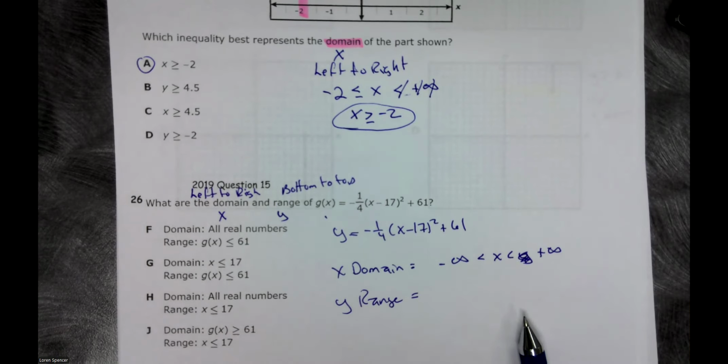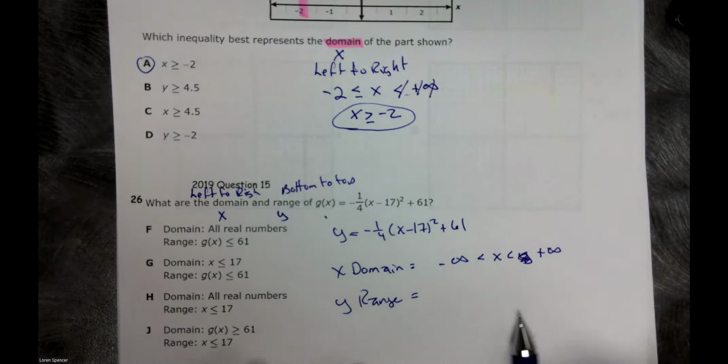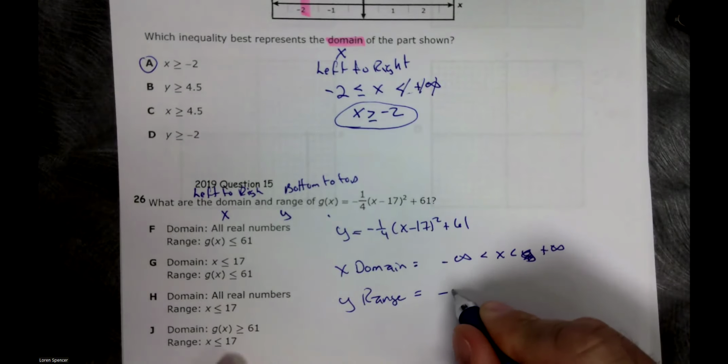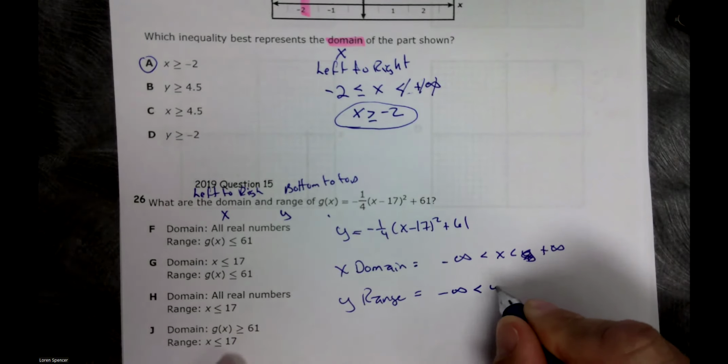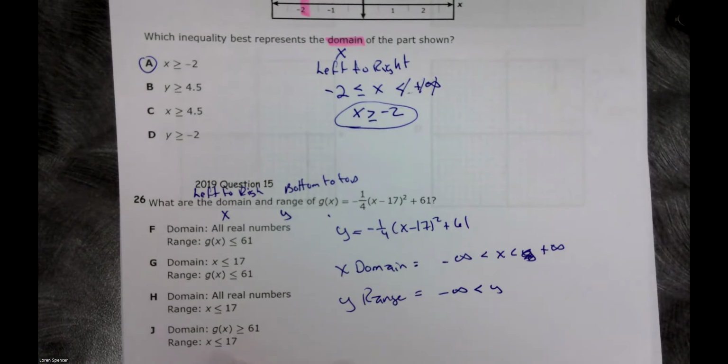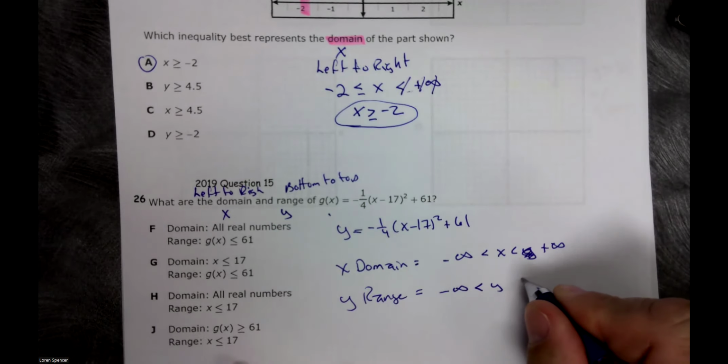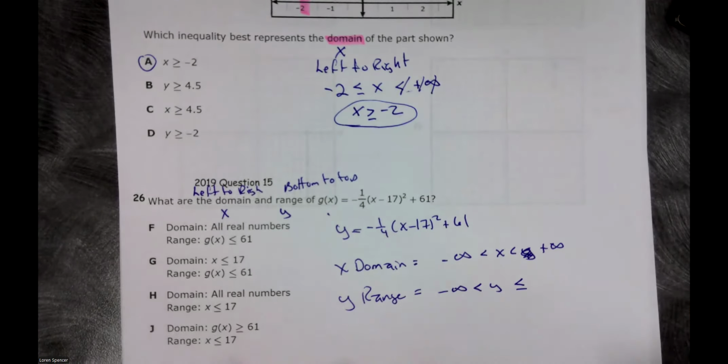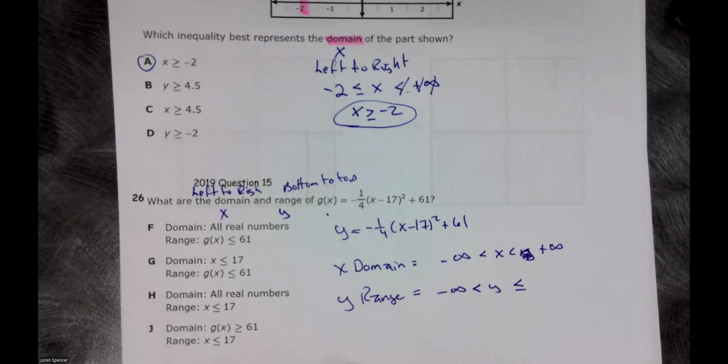When I try to scroll, it just keeps going down and down. So that means it goes to -infinity, which is less than y, and then it stops at the highest point that it goes to, which appears to be 61. And it's a solid line, so that's going to be a less than or equal to 61. And you know what?